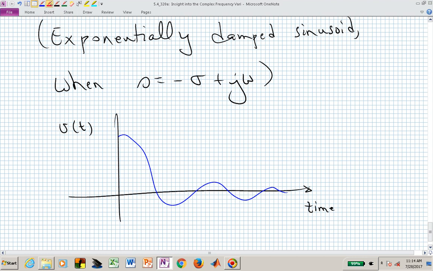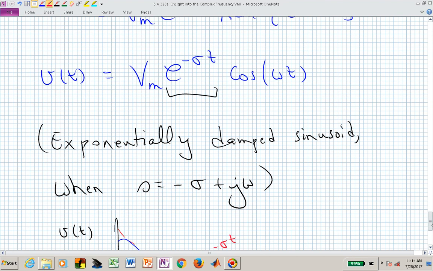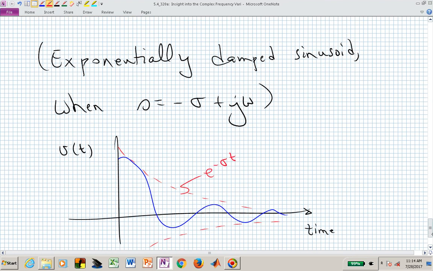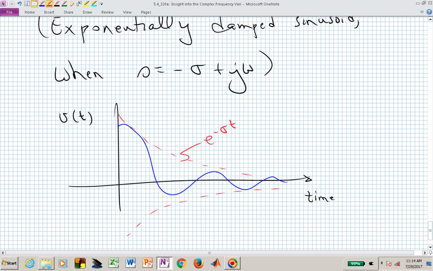Our exponential damping is influenced by the e to the minus sigma part of that expression, and the oscillating piece is determined or influenced by the omega piece.